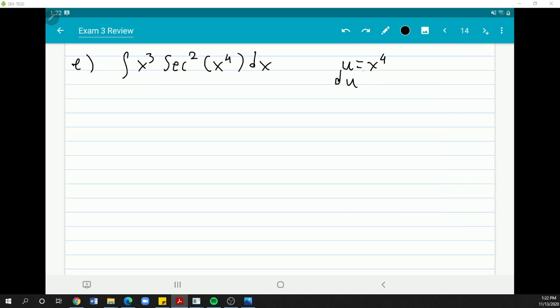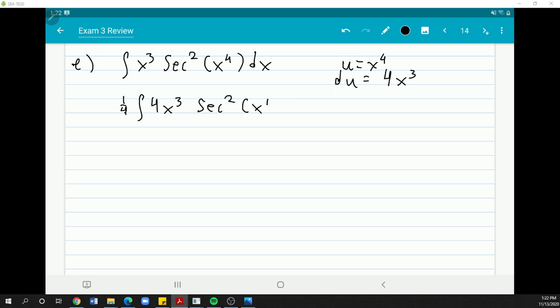So du is equal to 4x cubed dx. Well, I don't have 4x cubed, but that's okay, because I can pretend like I do. Because 1 is equal to 1/4 times 4. So I can say, well, I really do have 4x cubed, and then secretly multiply by 1/4 out front.